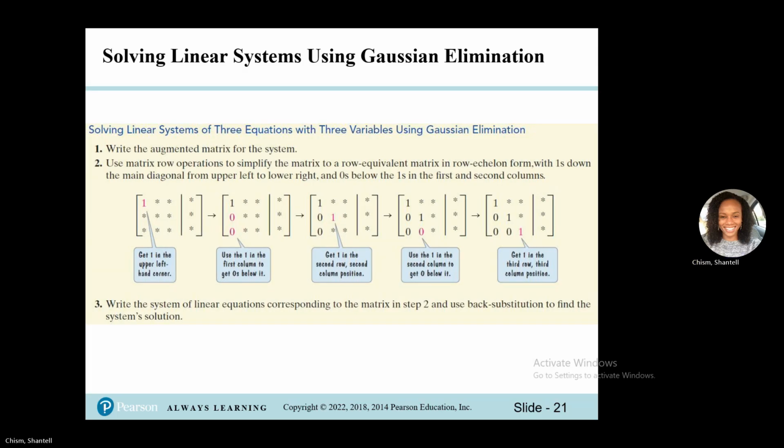We'll talk about it in more detail in just a second, but solving linear systems of 3 equations with 3 variables using Gaussian elimination, you would first write the augmented matrix for the system, and then you would use row operations to simplify the matrix to a row equivalent matrix in row echelon form. Row echelon form is where you have ones down the main diagonal and zeros underneath or below the ones.